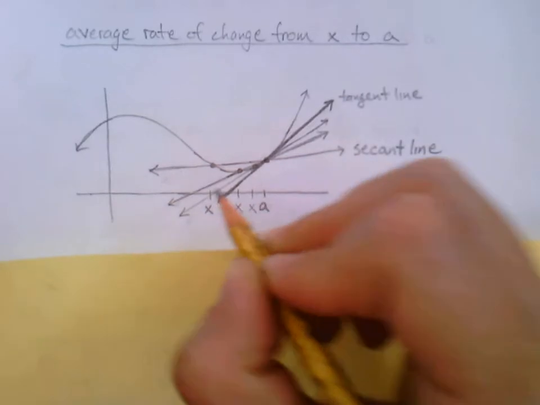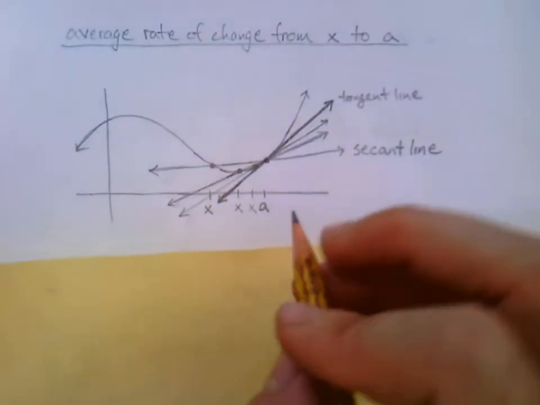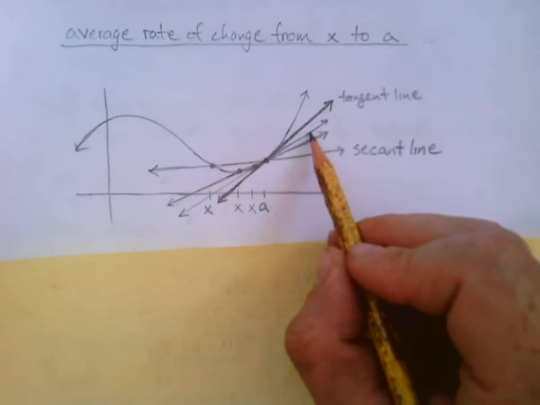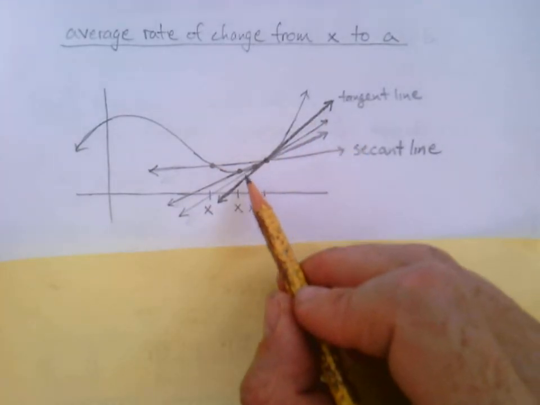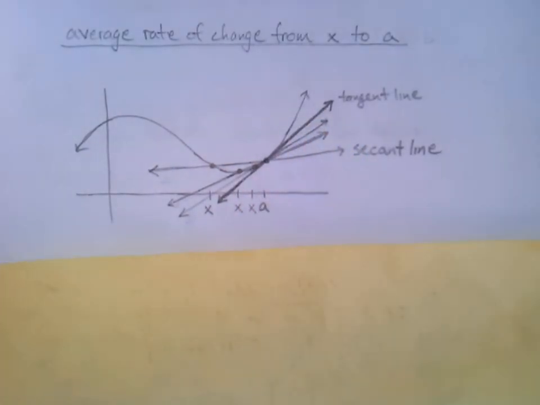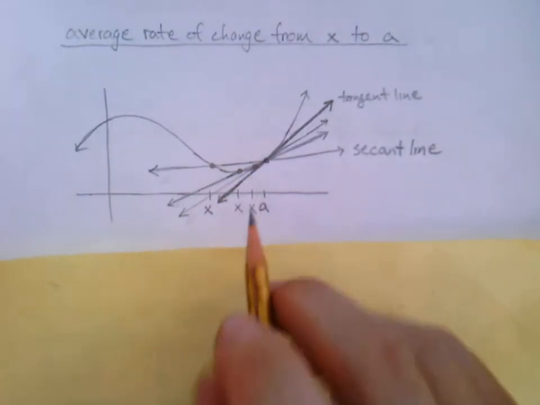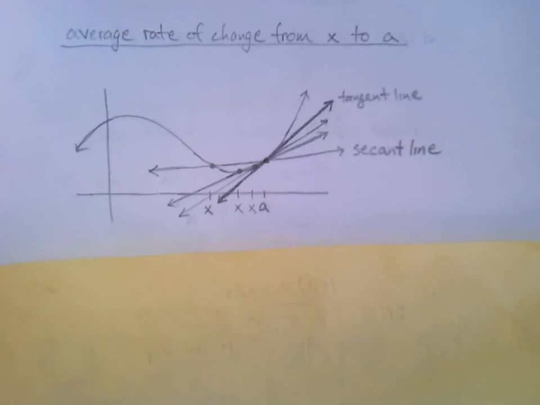And we can see, wow, each time I move x closer, that secant line is looking more and more like that bold tangent line. What if I was to go even closer and closer and closer? Okay, I won't draw any more, but we get the idea.